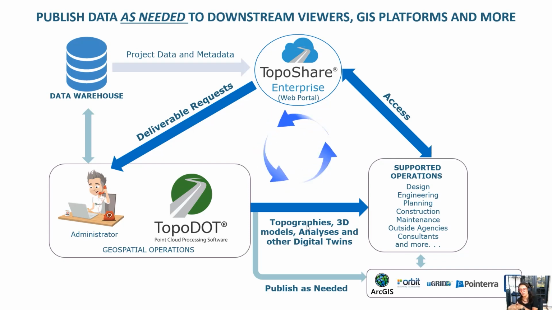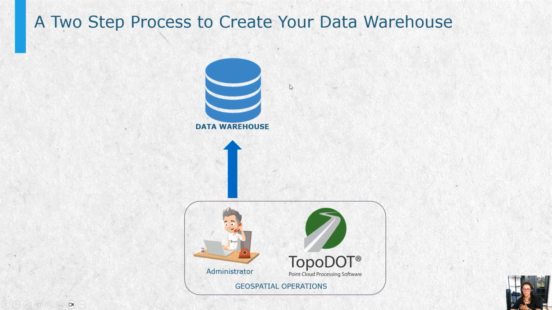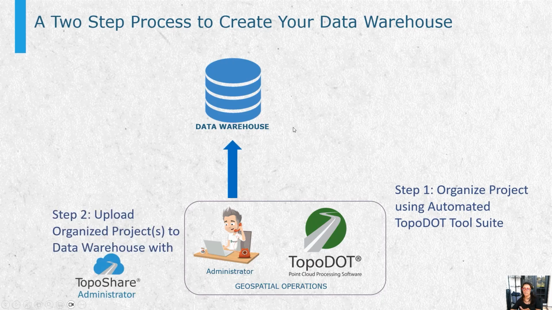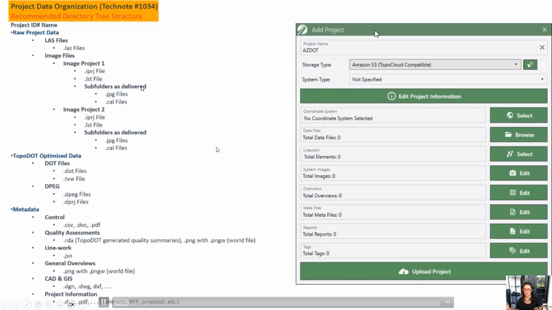But what's most important for your clients is going to be how you collaborate, how you share this information, how you store this data and reuse it constantly. So you can reach out to us and learn more about TopoShare, the web portal. In the TopoShare web portal, you basically will need to create a warehouse, and this could be your storage.